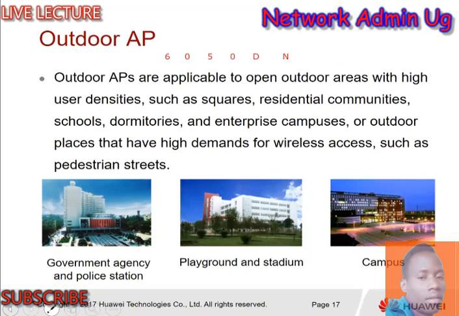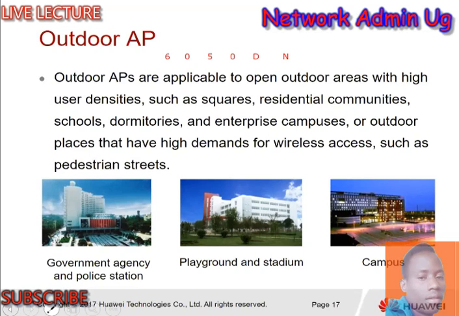But the outdoor access points are very much key to be deployed in high power outdoor areas to give coverage. Performance could be affected by transmission power. Antenna types could also affect the performance.